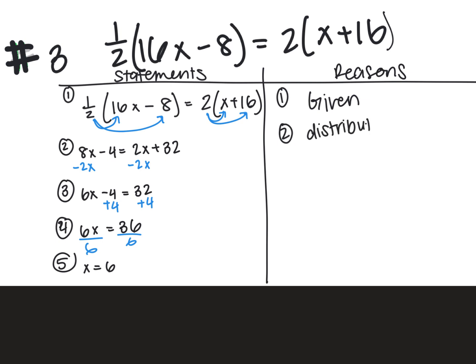Distributive property. All right, step 3. How am I getting from 2 to 3? You're subtracting. Good. This is subtraction property of equality. And how am I getting from 3 to 4?